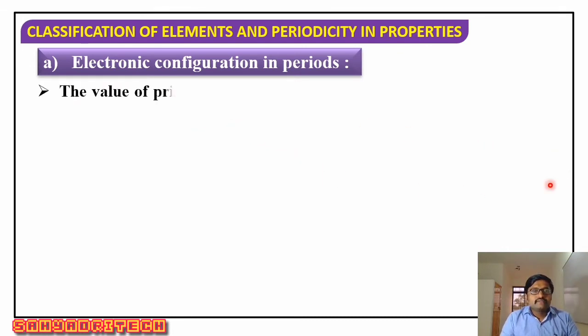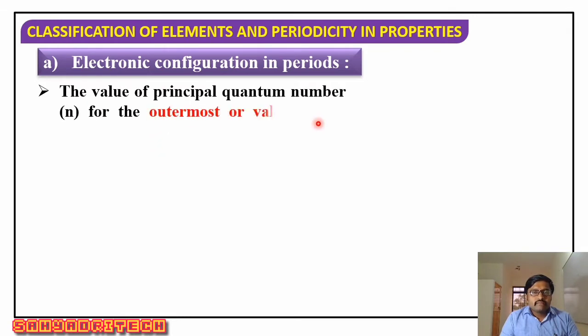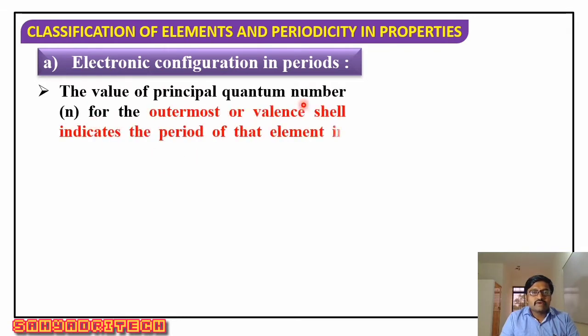The value of principal quantum number. What is the principal quantum number? It is indicated with n.